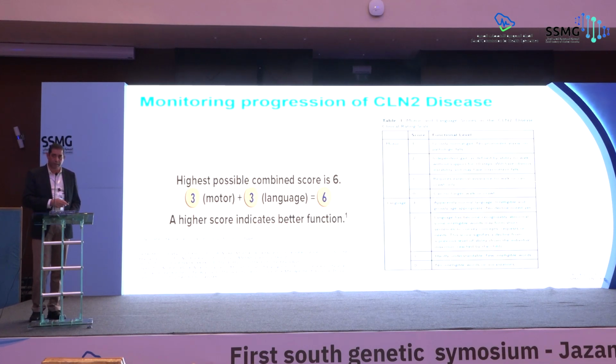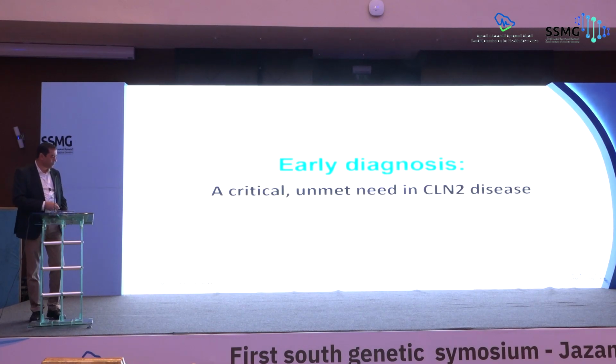It is a very easy scale, especially for treated patients, to monitor the response to treatment. So it is very important, as I said, to recognize the red flags and to test as soon as possible for this disease, because the deterioration is extremely fast, and if we apply treatment late, probably we will not gain anything.